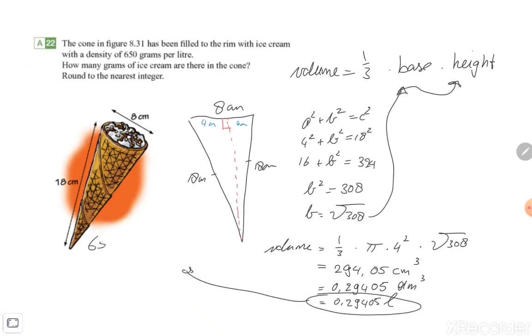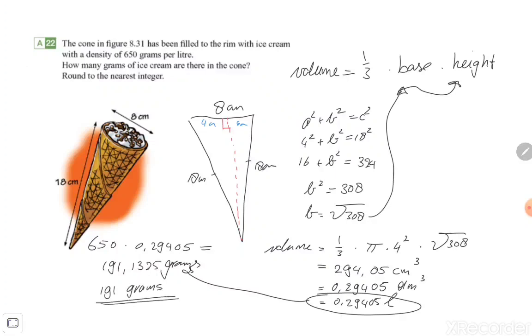So 650 multiplied with 0,29405 liters, and that's 191,1325 grams. But we needed to round it to the nearest integer, so it is 191 gram.